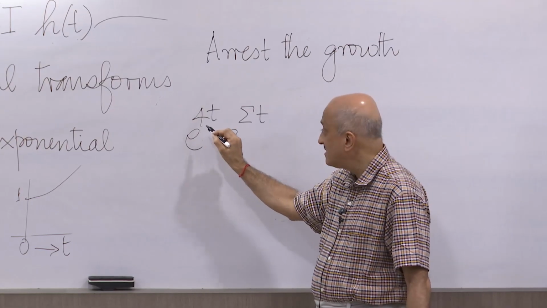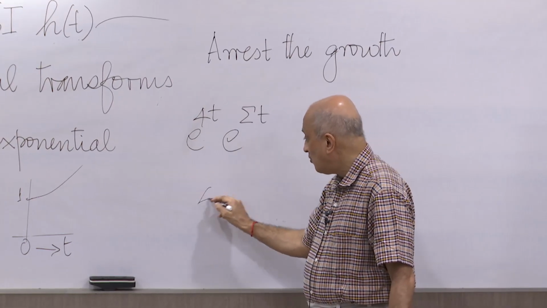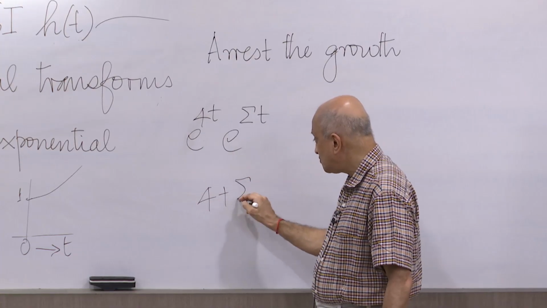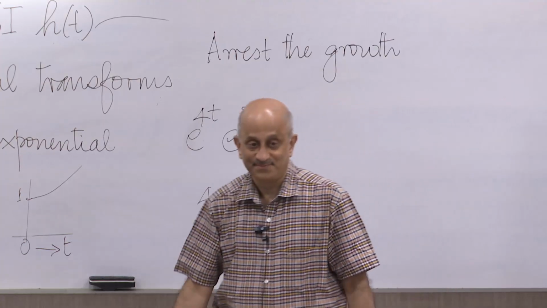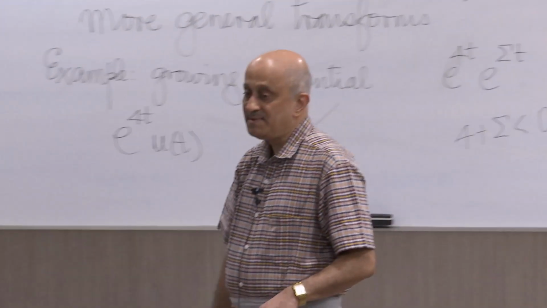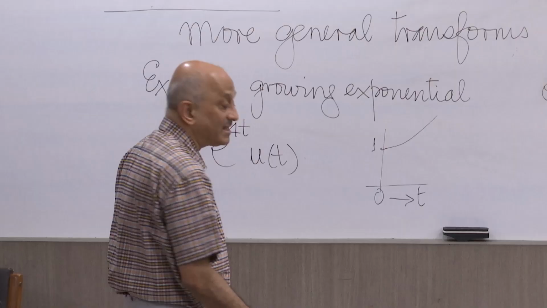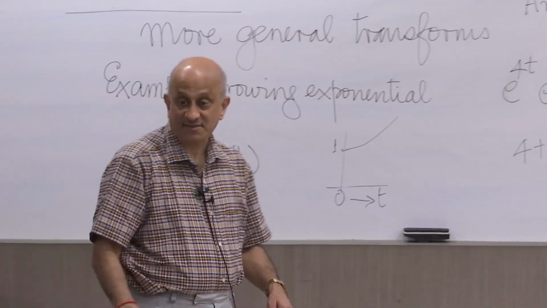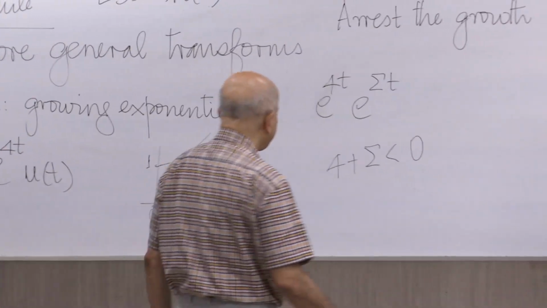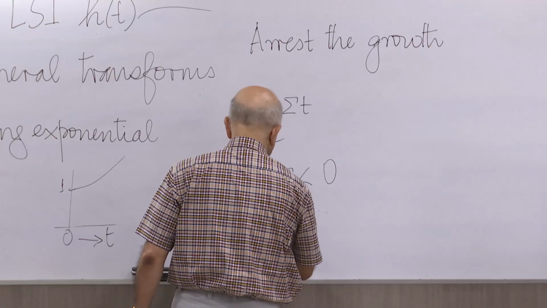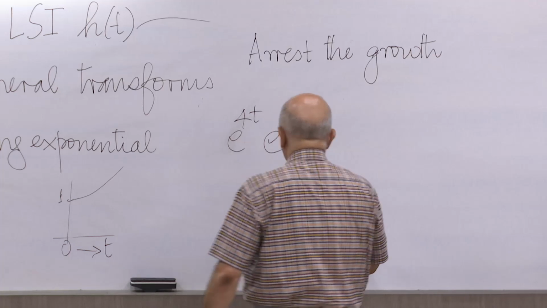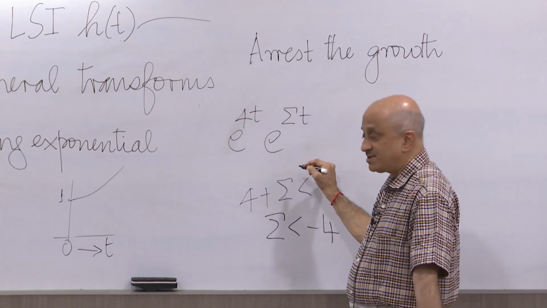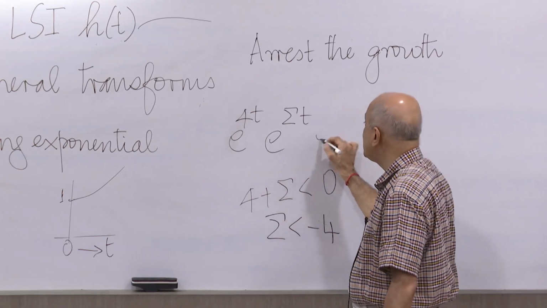So as Vikash says, here 4 plus sigma should be less than 0, isn't it, which means sigma must be less than minus 4. Is that right? So once you've arrested the growth, then you can take the Fourier transform.